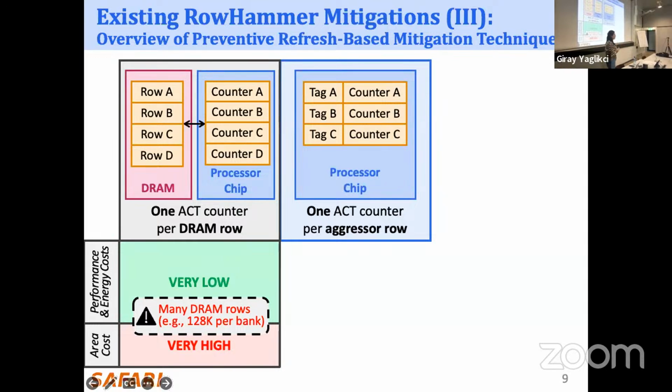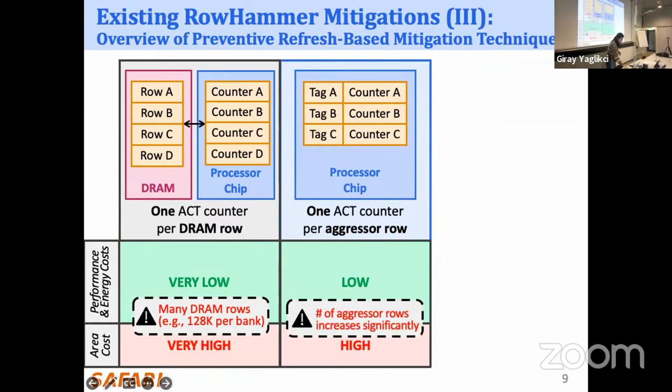However, we need to allocate these counters to specific rows. So these mitigations allocate one activation counter per aggressor row, and they use tags to understand which counter belongs to which DRAM row. Since these counters are incremented when these specific rows are activated, the performance and energy costs are still low. However, especially at low RowHammer thresholds, the area cost gets higher.